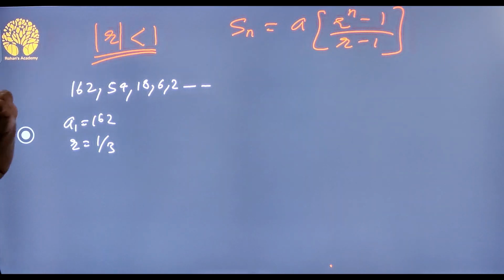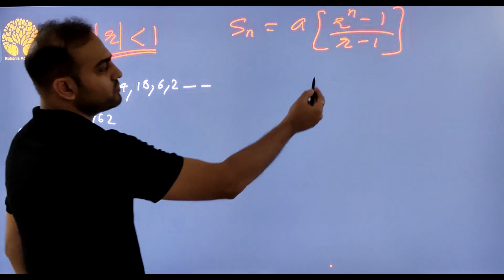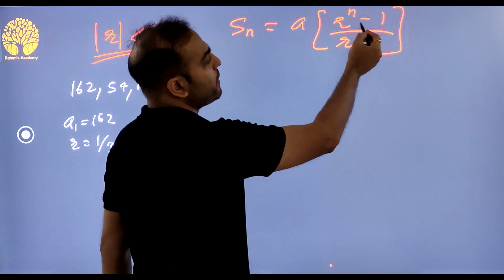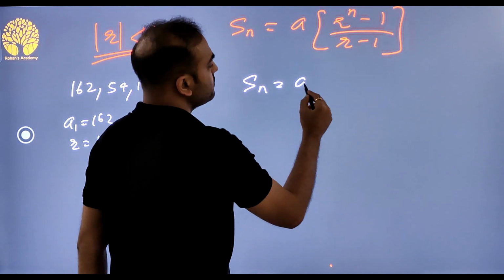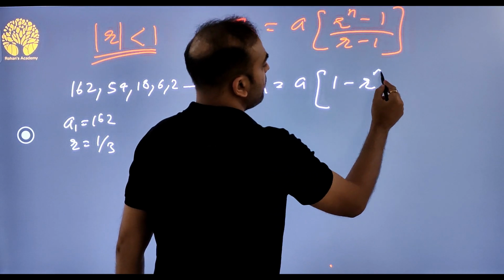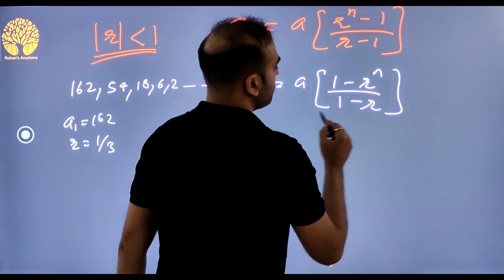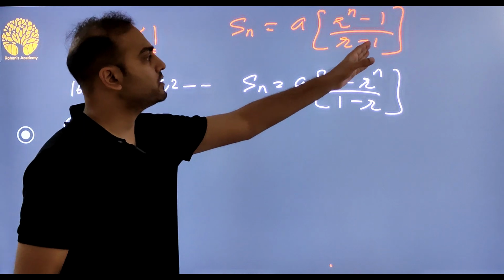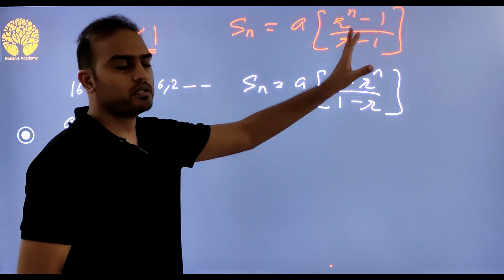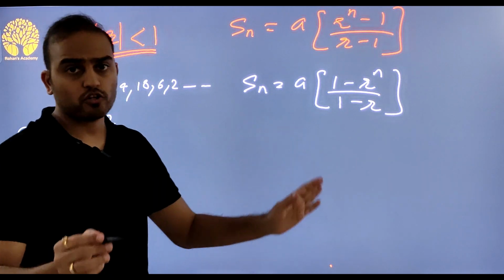So in a series where r is less than 1, this will become negative, and r power n is also less than 1. So you can just tweak the formula. Nothing changes, it's the same formula. I've just multiplied both by minus 1 so that both become positive, that's all.